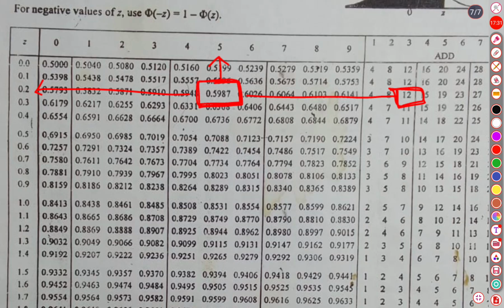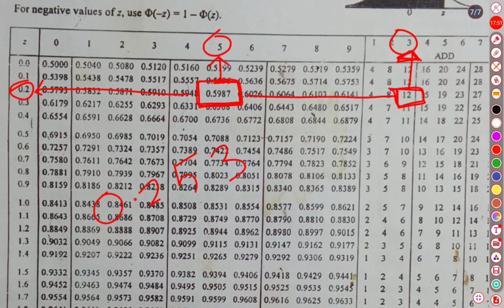So what is the corresponding z-score for a probability of 0.6? Our closest z-score is 0.253.